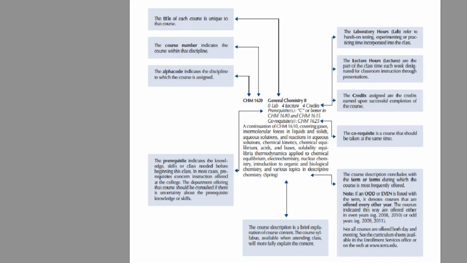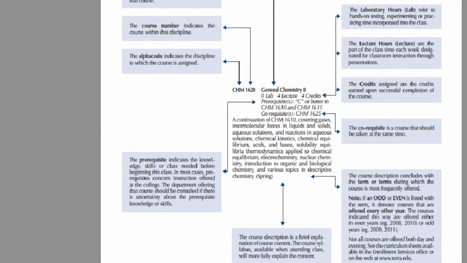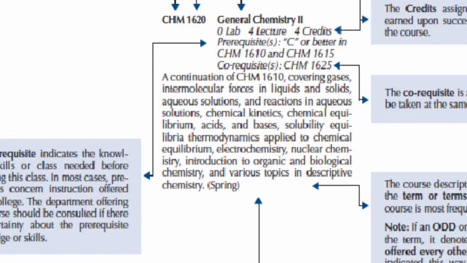You'll notice where it says prerequisites, it's a C or better in CHM 1610 and CHM 1650, and a co-requisite of CHM 1625. A prerequisite is a course that a student must have prior to taking this course. A co-requisite means that you are taking the course at the same time.